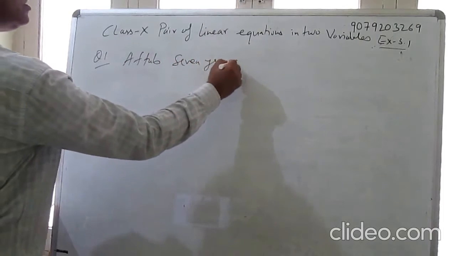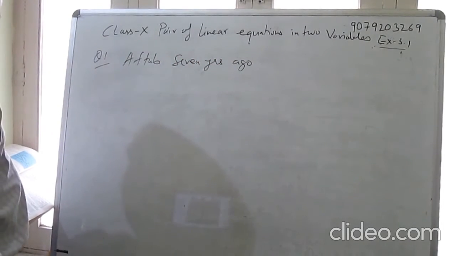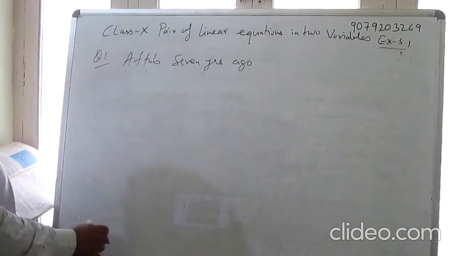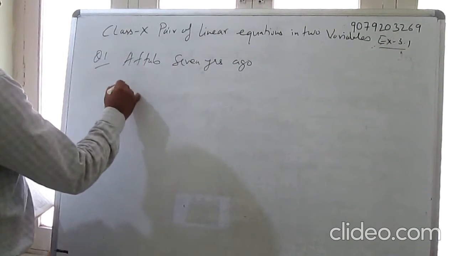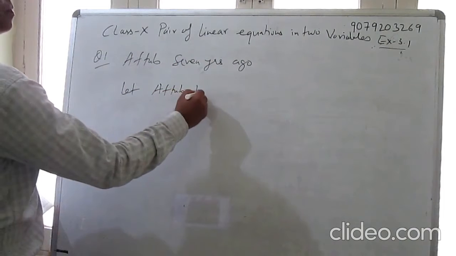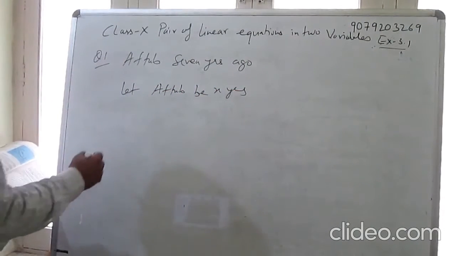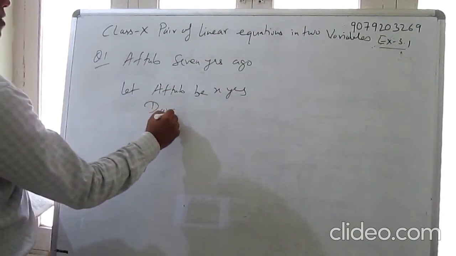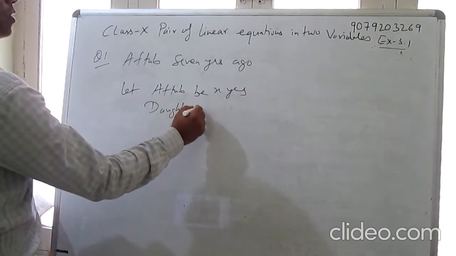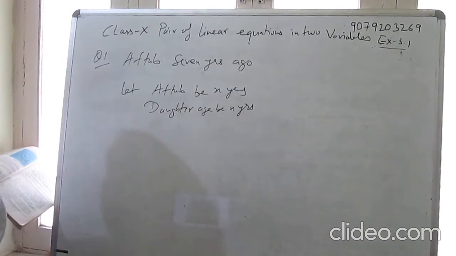Seven years ago I was 7 times as old as you were then. So here we arrive at the situation. Let the age of Aftab be x years and the daughter's age be y years.